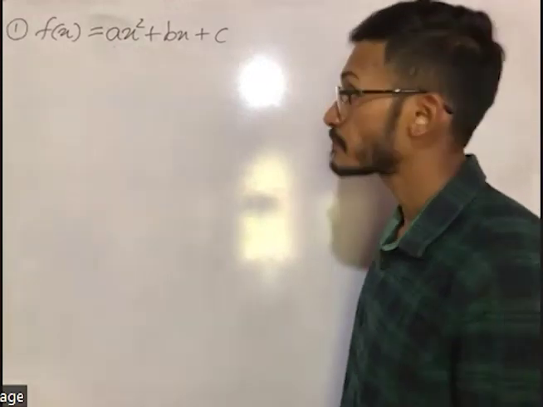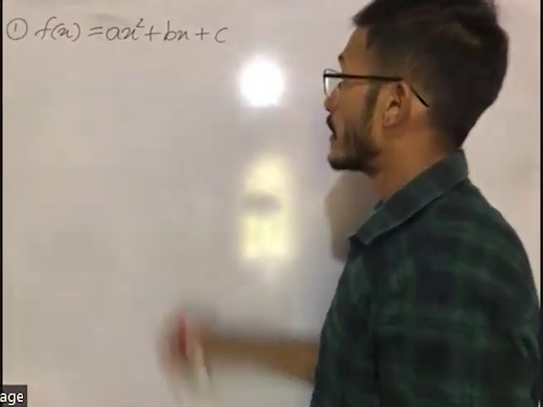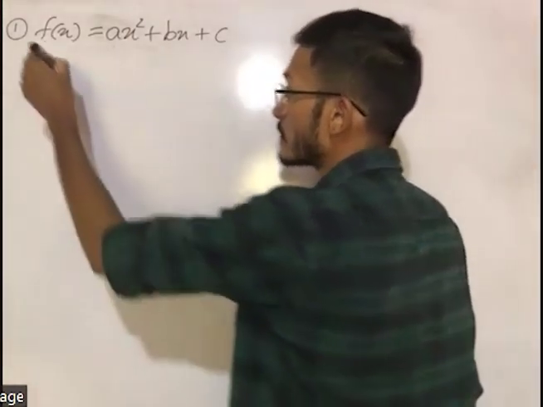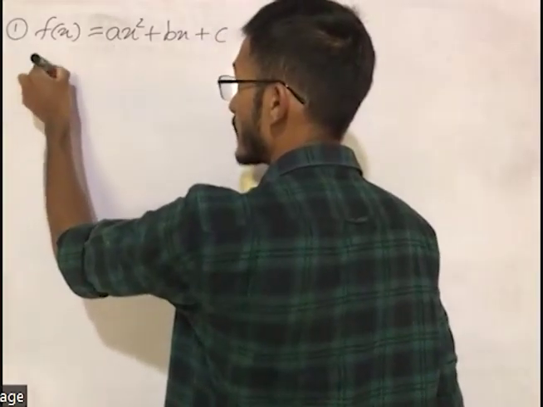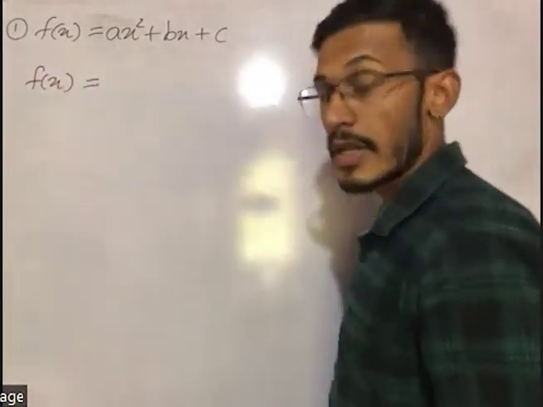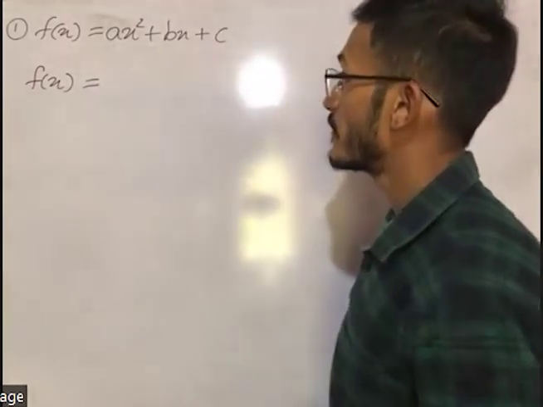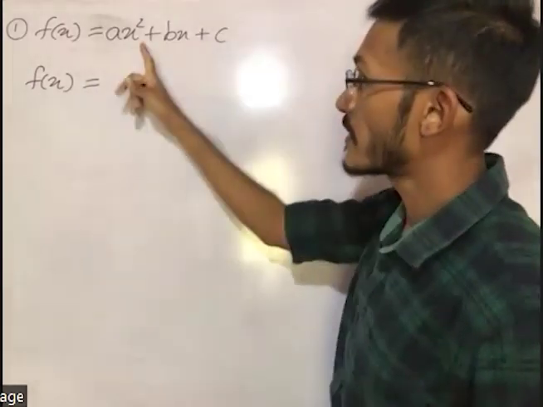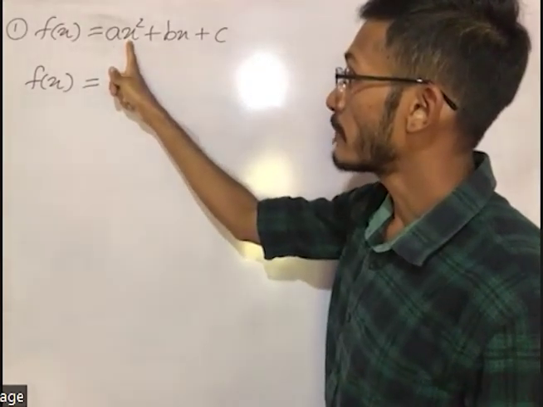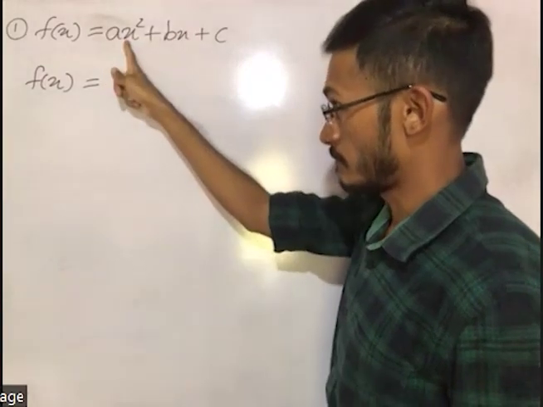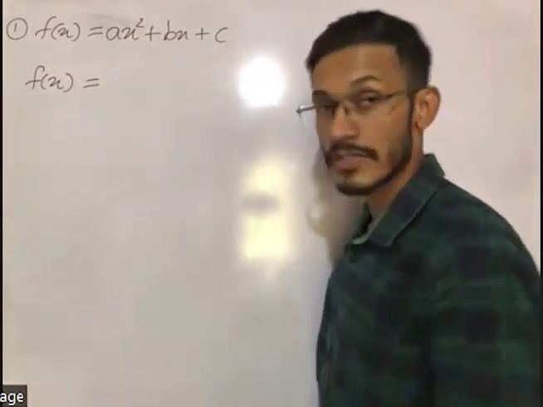Now I am going to use the completing square method to simplify this quadratic function. The first step of simplifying a quadratic function is you have to have a positive 1 as the coefficient of the x square term, right?